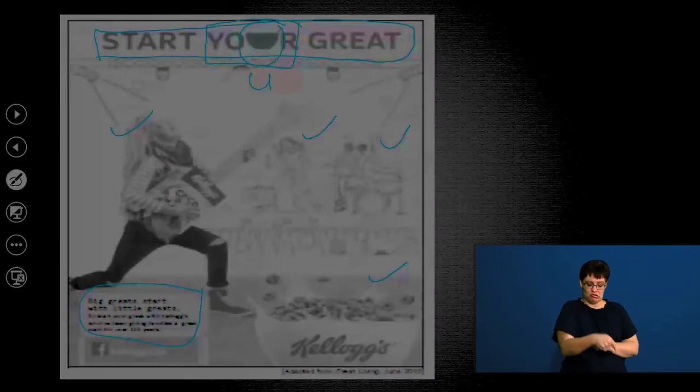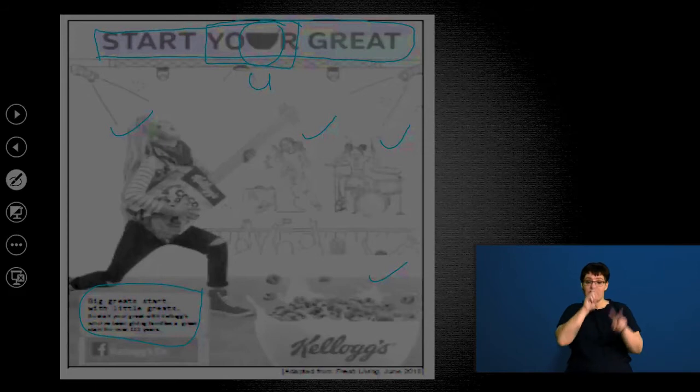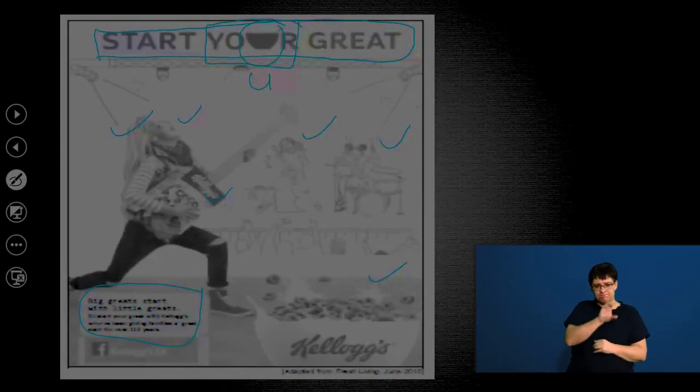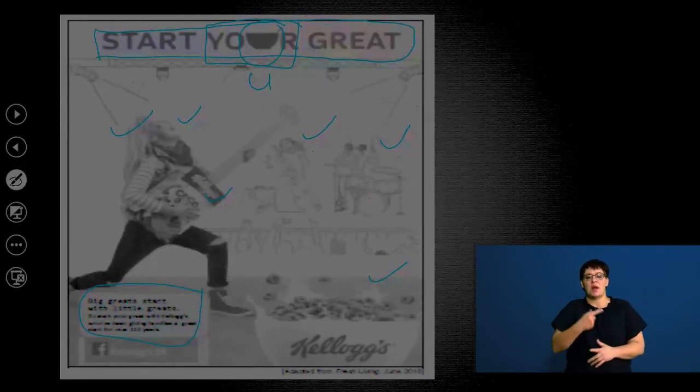The visual is a mural or a drawing of a young girl playing a guitar, which is this one. Then if we look further, we see the cereal box there, and also superimposed against the mural of a band playing. There's the band at the back there, a lady with another guitar, and a little child with a drum. It symbolizes the girl's potential for greatness, because she's consumed Kellogg's, so she has all this energy and she's vibrant and she can do what's expected.